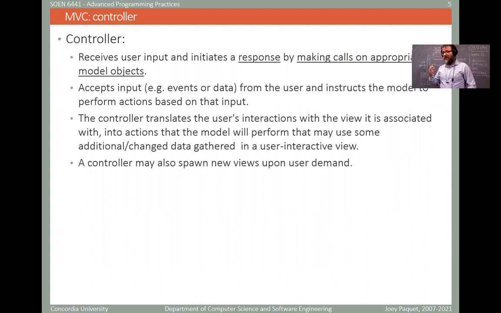So the controller is some kind of interpreter between the user and the system. Okay. Another thing that the controller can also do is to create other views or remove views and so on. So depending on what the user wants to do or see, the controller may also create or eliminate views and so on.